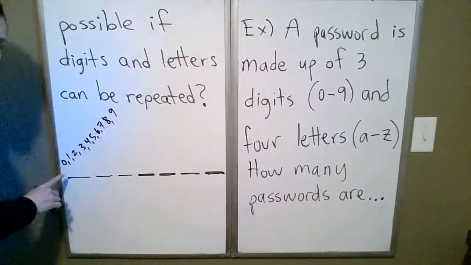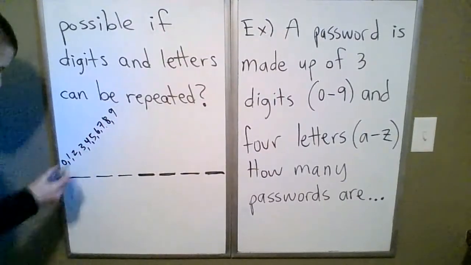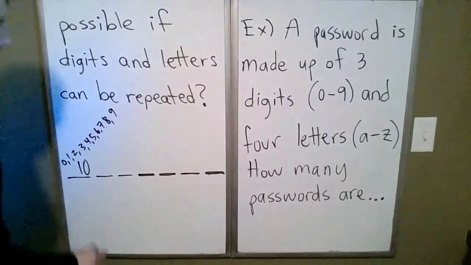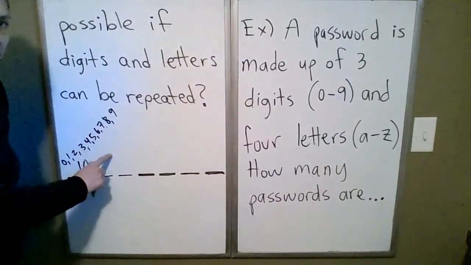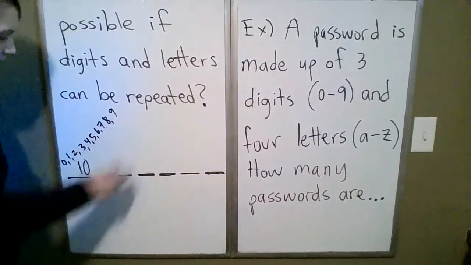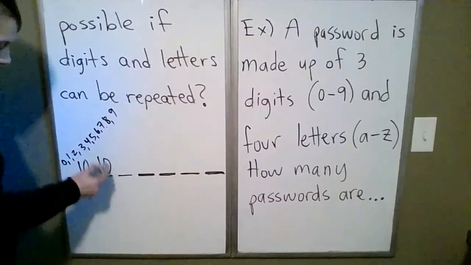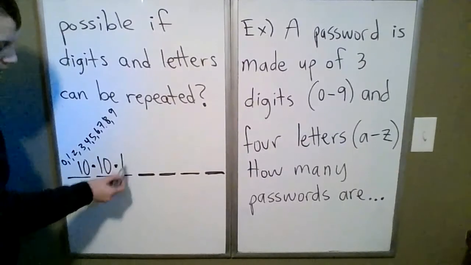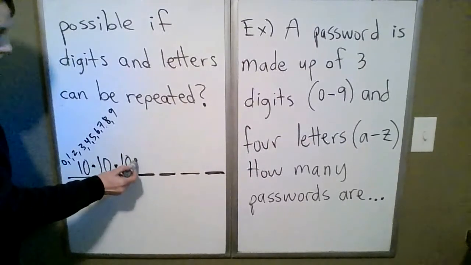Count all of those possibilities, and there's 10 choices. And then since you can repeat a digit, I have the same 10 choices. And again, there are 10 digits I could choose from for this spot.